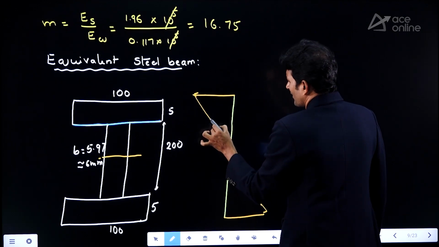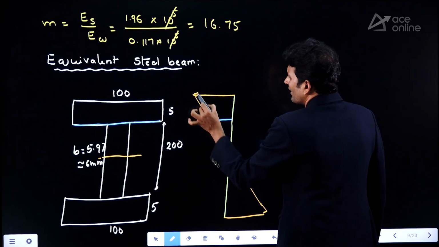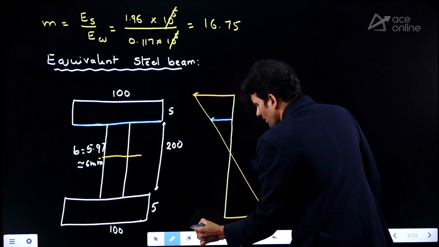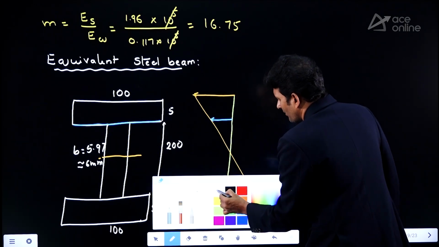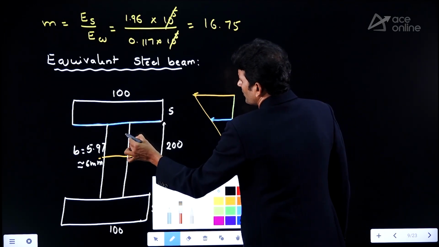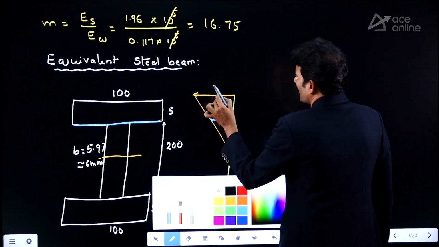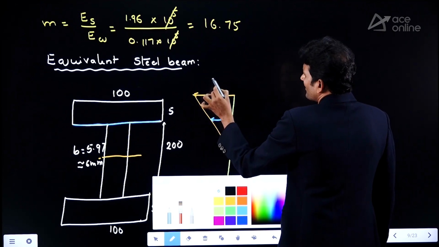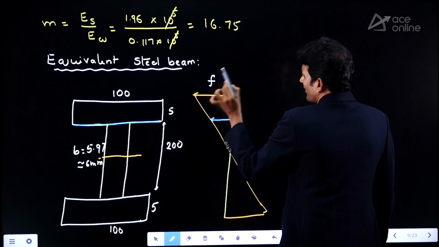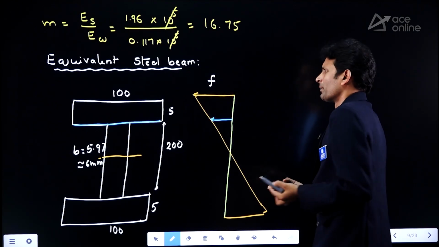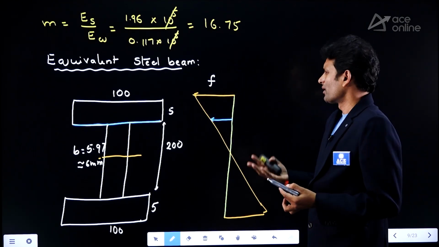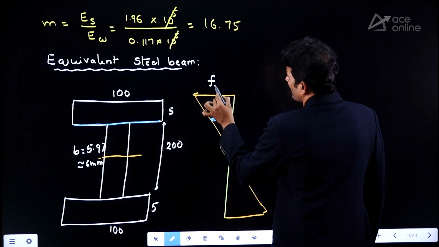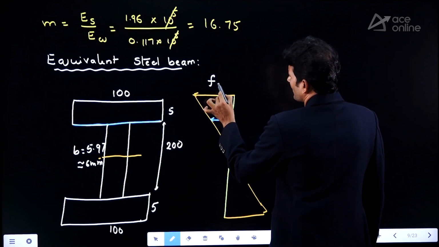Wood is available in this portion only. Sorry, steel is available in this portion only. This is wood part, this is steel part. Whatever stress we are observing at this layer, I am writing F. To represent the bending stress, we can use F or sigma B. So here F max we are observing with respect to steel.